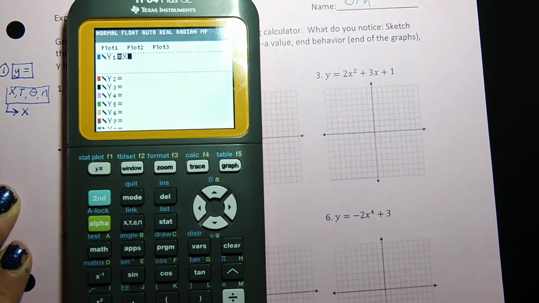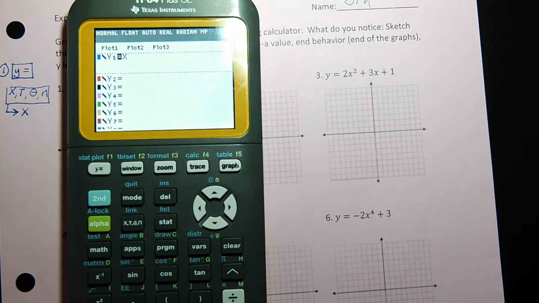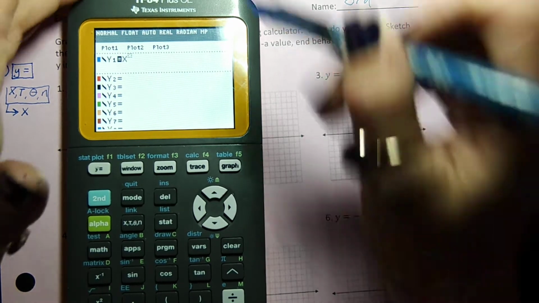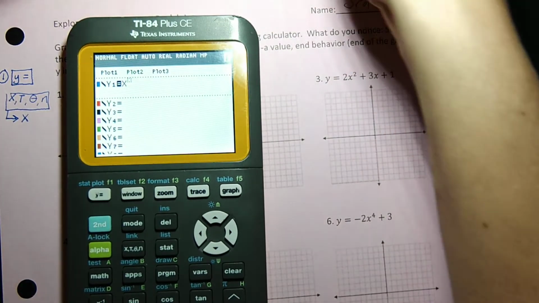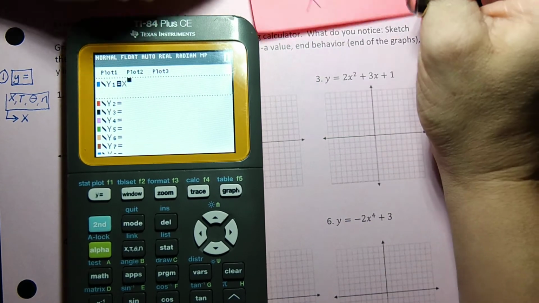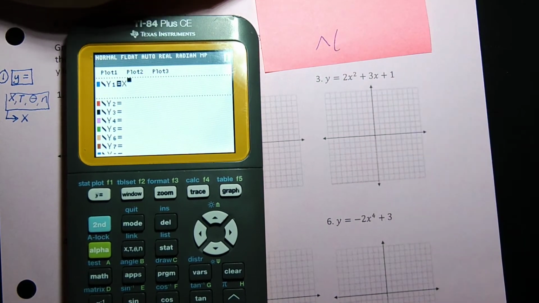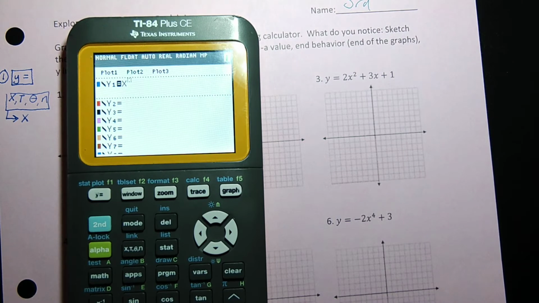Now, to do an exponent with x, instead of using that squared button, because we're not always going to want a power of 2, we're going to use this little mountain button above the division symbol. This is called the caret key, and when you click that, on the older calculators, it might show as this with a parenthesis, but newer calculators should actually superscript you up to the exponent itself.